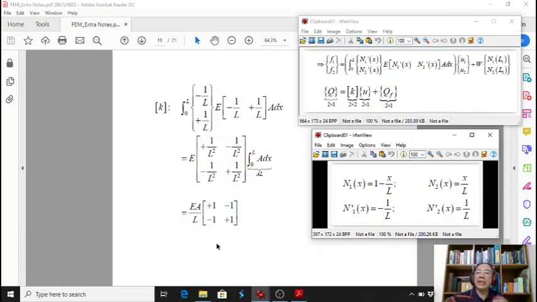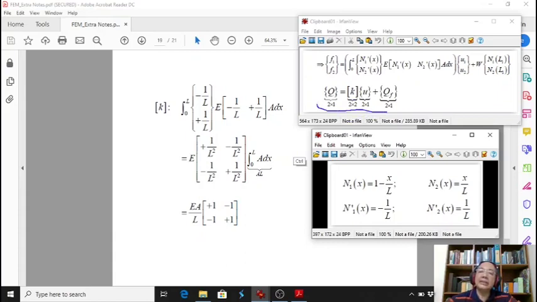In the finite element method, we can find K by using the virtual displacement method.